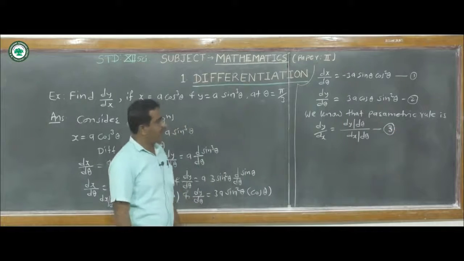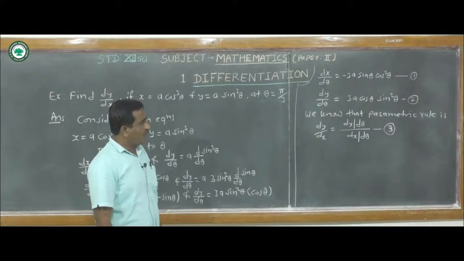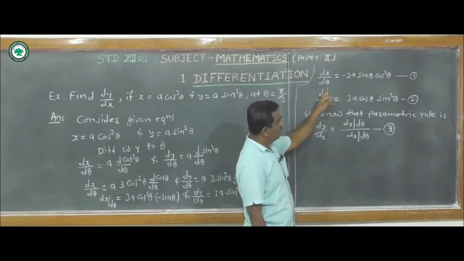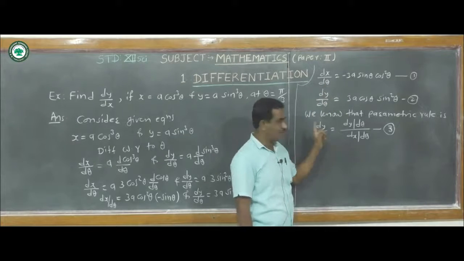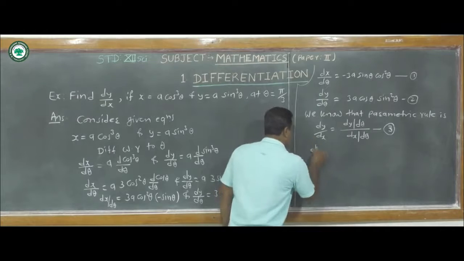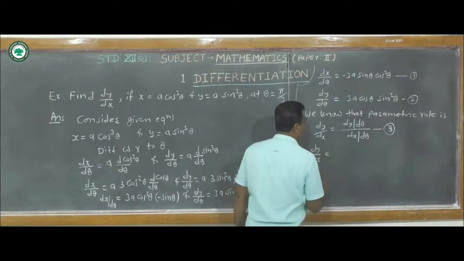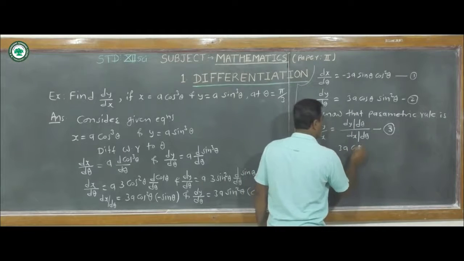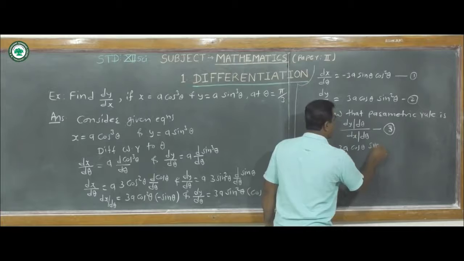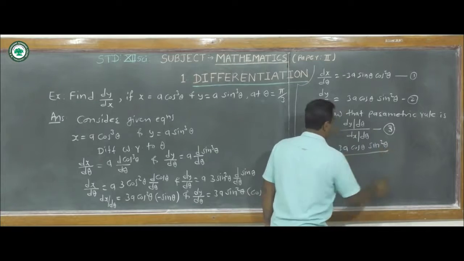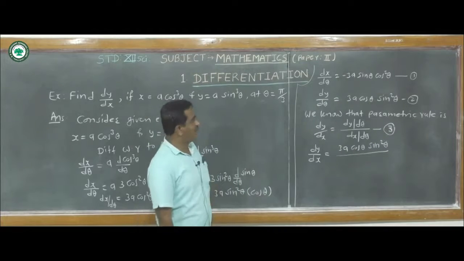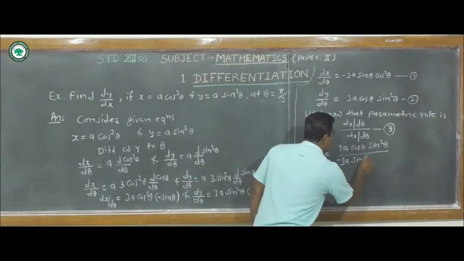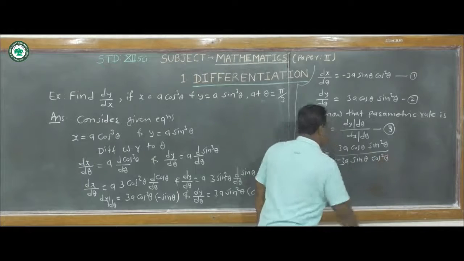Now put the values of dy by d theta and dx by d theta from equation second and first in equation third. Therefore we can write here dy by dx is equal to dy by d theta, which is 3a into cos theta into sin square theta, upon dx by d theta, which is minus 3a into sin theta into cos square theta.